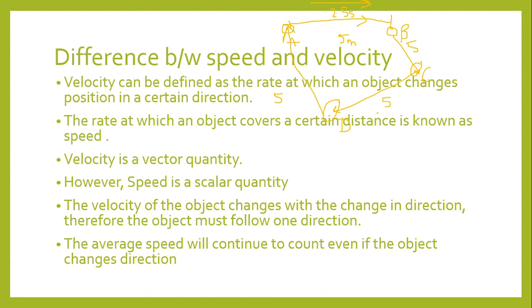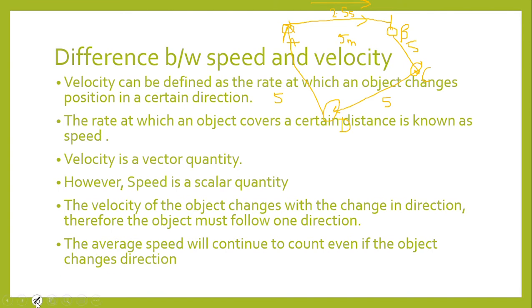Wait, let me see. 20 divided by 2.5, yes, 8 meters per second. So that is the speed. However, now this is very tricky, and this is where the main concept lies, and I want you to listen to it very seriously.